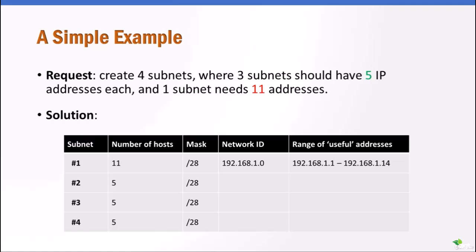So the network ID for our second subnet is going to be 192.168.1.16. And don't worry if you're not sure how I got here. I'm going to explain this when we go through our more complex examples later.